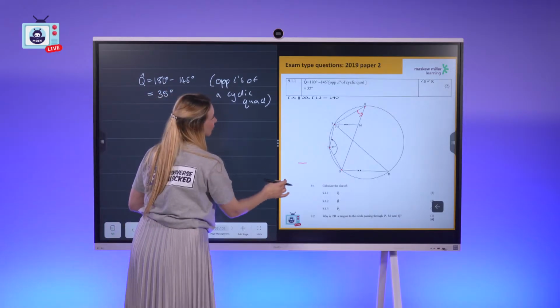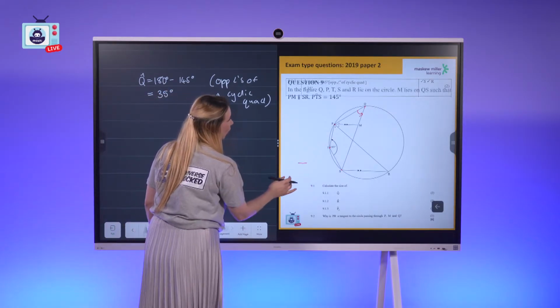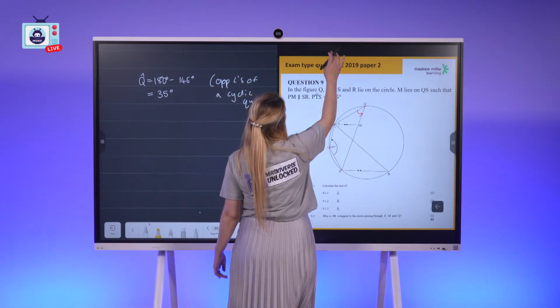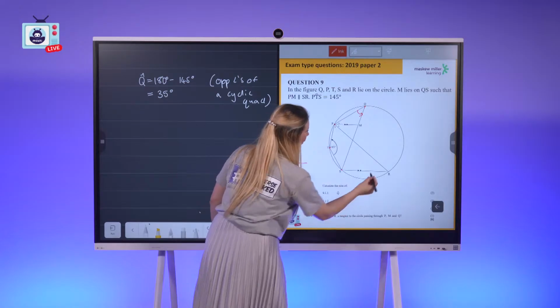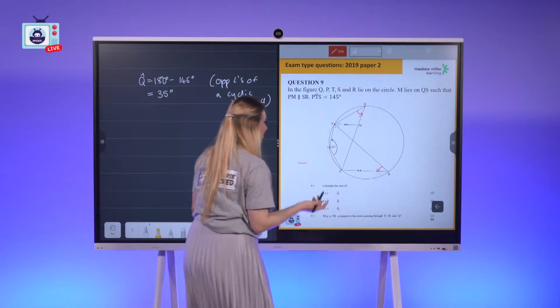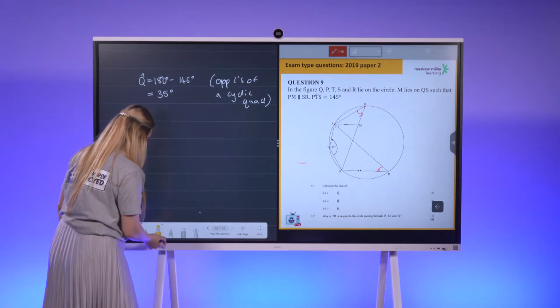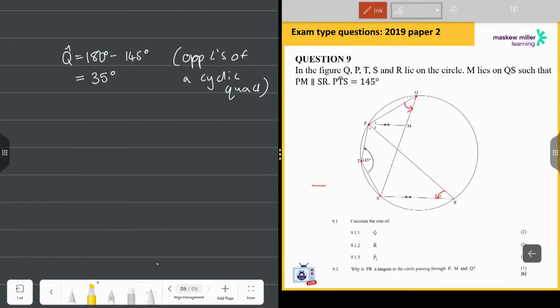Let's go to the next one. We are looking for R. R is over here. And remember what I said earlier on about the butterfly? I'm seeing my butterfly. Let me highlight it for you. So can you see the butterfly?